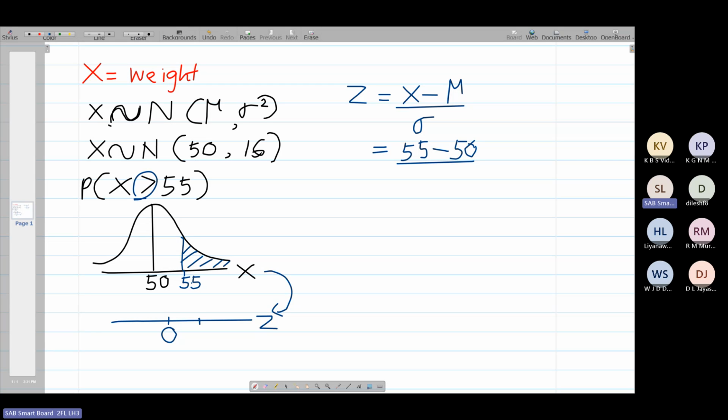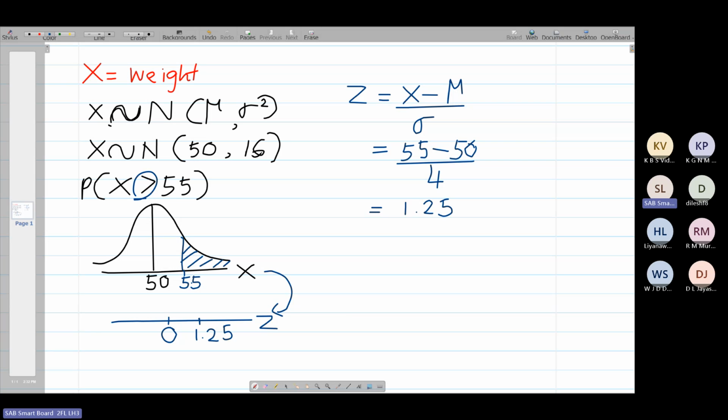Why? Standard deviation is the positive square root of the variance. Variance is 16, so the positive square root is 4. Then we write here 4. Then what is the Z score? 1.25. This is the Z value, 1.25.